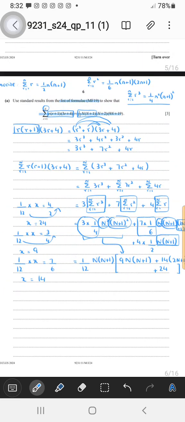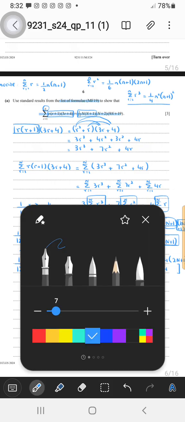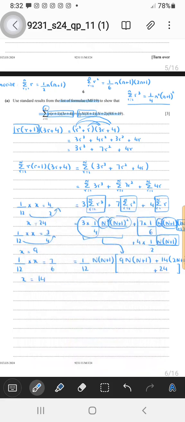I hope you're okay till this. Let me give you a quick review of what we did. First we expanded this bracket and we got our expansion. Then we wrote our expansion like this and separated it.